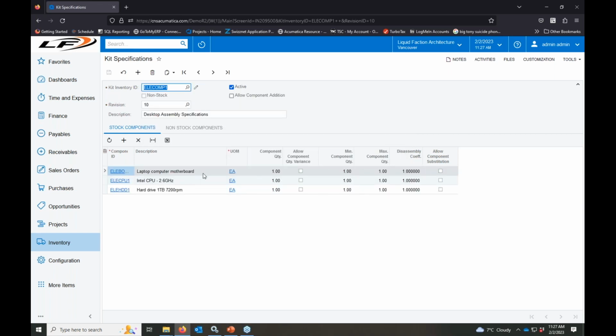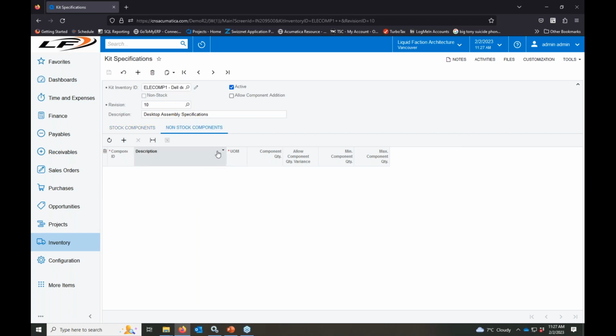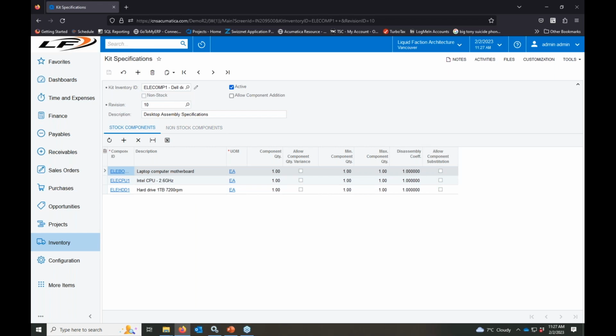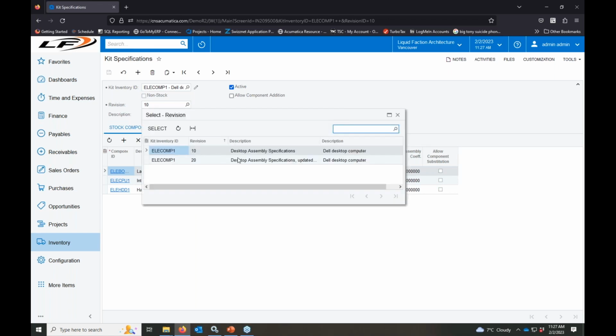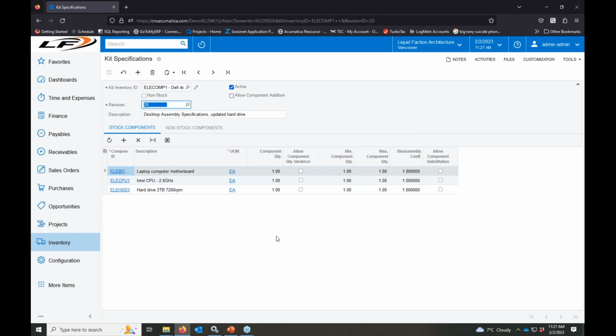We see that it requires one motherboard, one CPU, and one 1 terabyte 7200 RPM hard drive, and requires no non-stock items. We also see that there are 2 revisions. Revision 20 may have differences. It has an updated 2 terabyte hard drive.